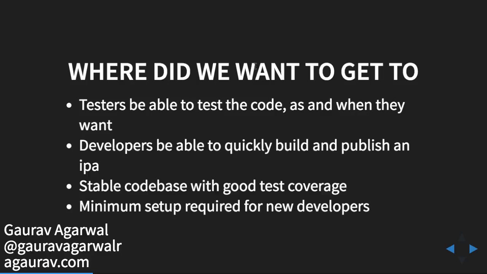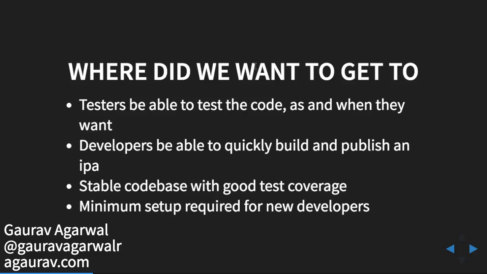So where did we want to get to? We wanted the testers to be able to test the code every day. Whatever we are working on, when we make those commits, they should have the app available to them. Developers should be able to quickly build and publish an IPA across the channels, whether onto Crashlytics, onto our website where we host IPAs, or to the App Store.